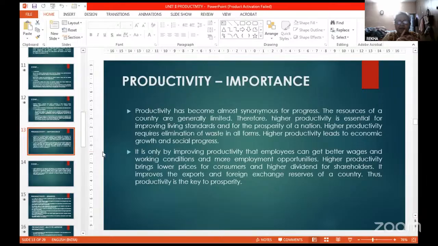It is only by improving productivity that employees can get better wages, working conditions and more employment opportunities. Higher productivity brings lower prices for consumers and higher dividends for shareholders. It improves the exports and foreign exchange reserves of a country. Thus, productivity is the key to prosperity.